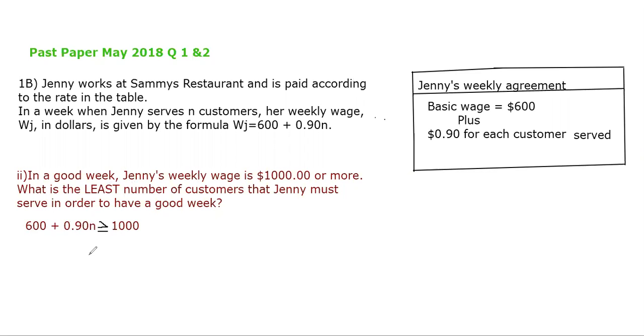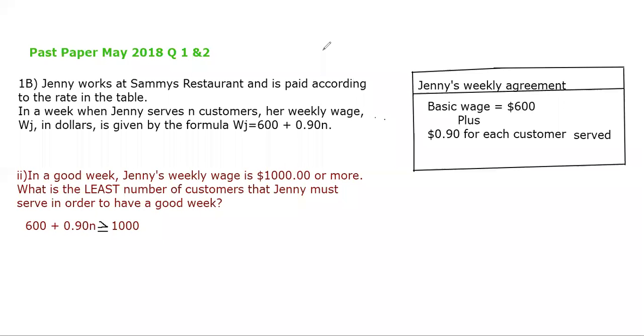Remember that the number of customers is represented by n. We need to get rid of the 600 because it is in the way, as we're trying to make n the subject. So we would subtract 600 from both sides.